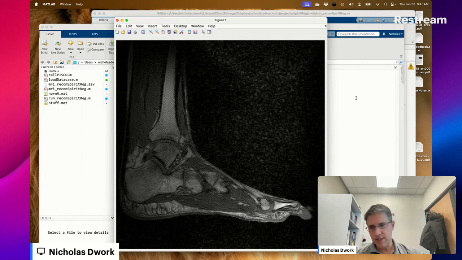The issue comes down to the sensitivity maps. We say we have these excellent sensitivity maps that were determined by Pisco, and they're really good sensitivity maps, don't get me wrong, but they're incorrect. We know they're incorrect. Primarily, we know they're incorrect because there's really no such thing as a sensitivity map.